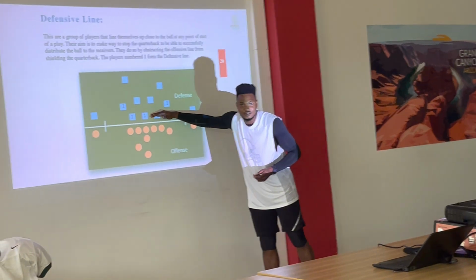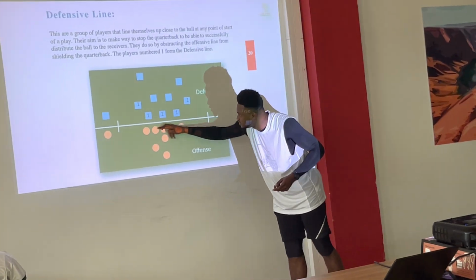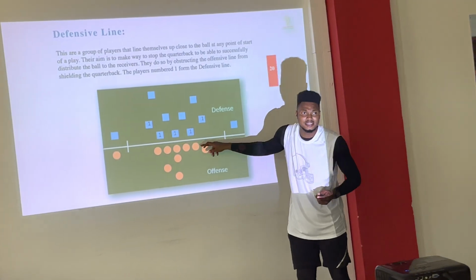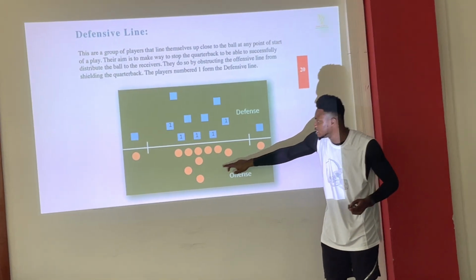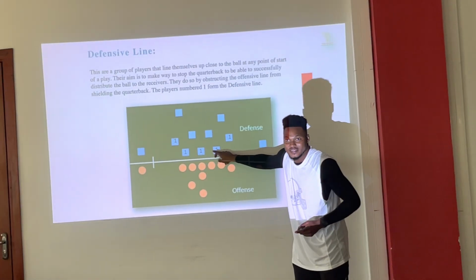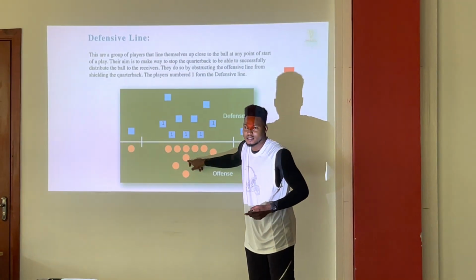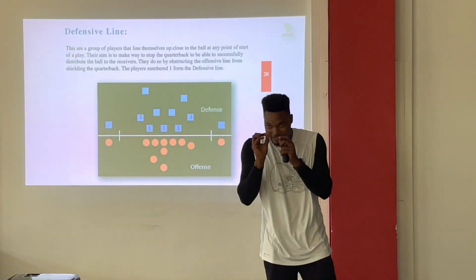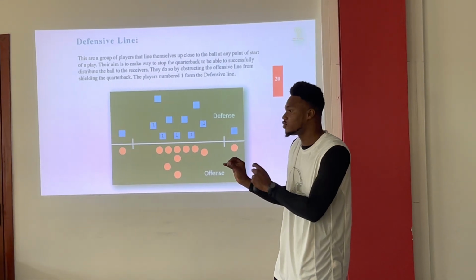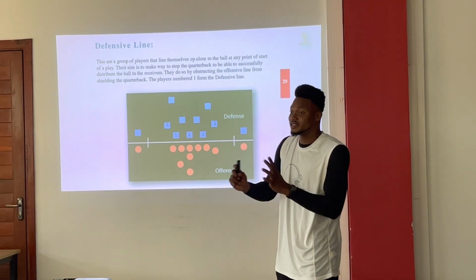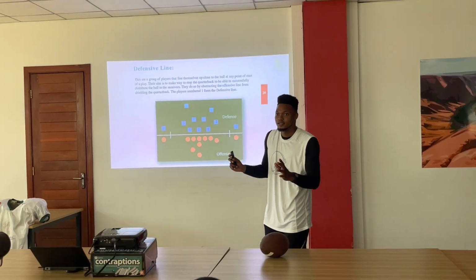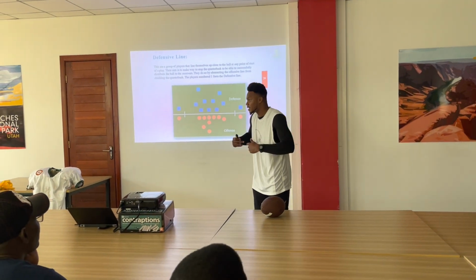The defensive line rush up to destroy this line because, I told you, this line shields the quarterback. So if the defensive line breaks through, they get to the quarterback. There's a specific name given to that. That's called the sack. Okay? When you watch the game and you see that he's been sacked, it means the quarterback has been taken down.